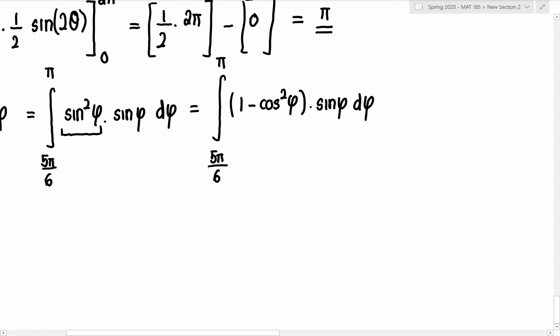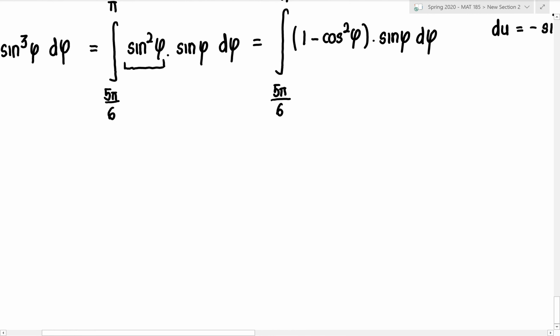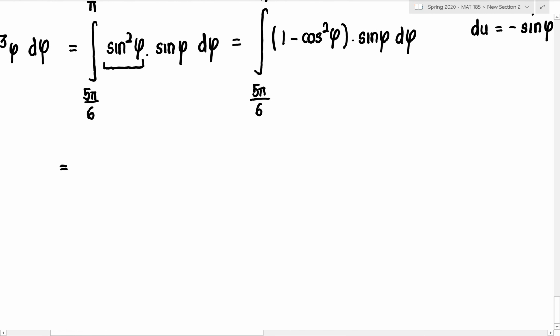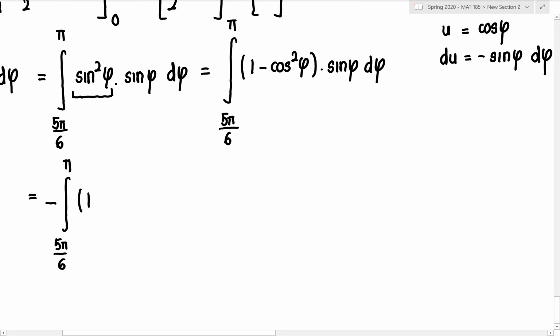The reason we do all of this is that now, if I make the substitution u equals cosine of phi, then du becomes negative sine of phi d phi. Putting all of this together, going from 5 pi over 6 to pi, I need this negative here, so I'm going to put a negative. 1 minus cosine squared of phi, remember u was cosine of phi, becomes 1 minus u squared, and negative sine of phi d phi becomes du.